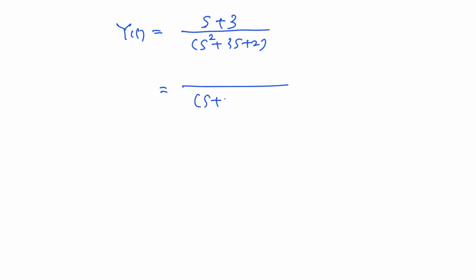Okay. So y of s is actually s plus 3 over s squared plus 3s plus 2, right? Let me check. That means s plus 3 over (s plus 1)(s plus 2). You can put actually a over s plus 1 plus b over s plus 2, right?